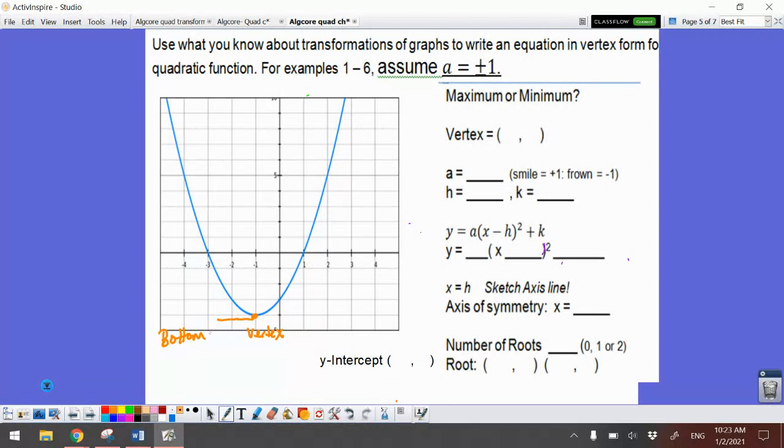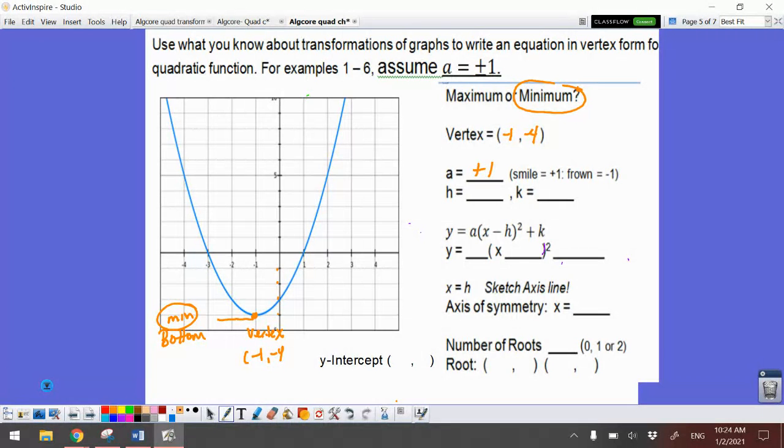So since it is a smile, I know that A has to be a +1, and that is a minimum. For the vertex ordered pair, -1, and how far down? 1, 2, 3, 4. So -1, -4 is my vertex.